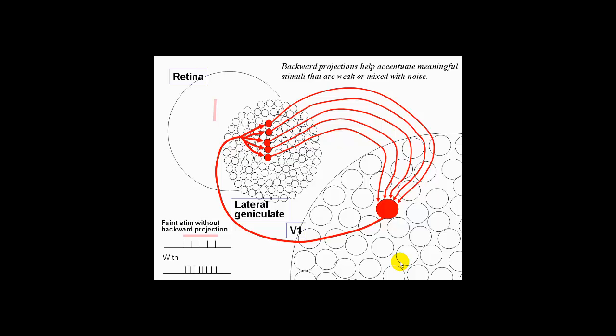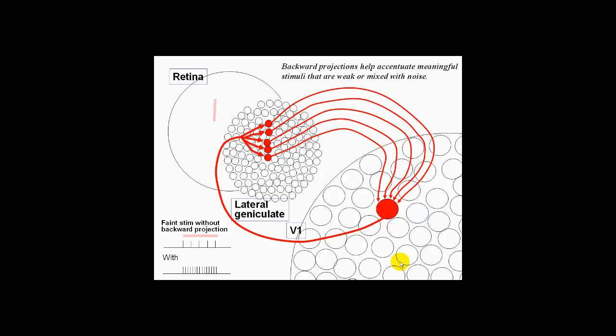And so it activates this cell, which doesn't activate it very well. It fires a little bit. It sends a signal back here which reinforces the activity. And before you know it, you've got a much stronger signal than you otherwise would have had. There's a chance it may make a mistake because it was a noise signal, but it enhances the signal.